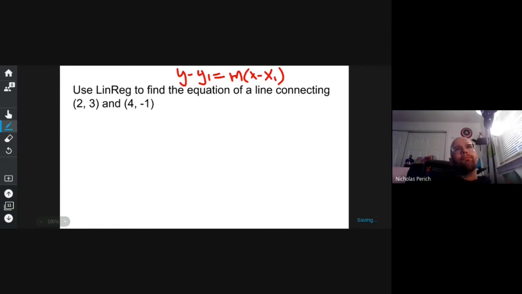If I said write an equation of a line going through those 2 points, and you're like, I don't remember the website. Okay, well, this is what you do. You find the slope the way you normally would. M equals y sub 2 minus y sub 1 over x sub 2 minus x sub 1. You feel me?